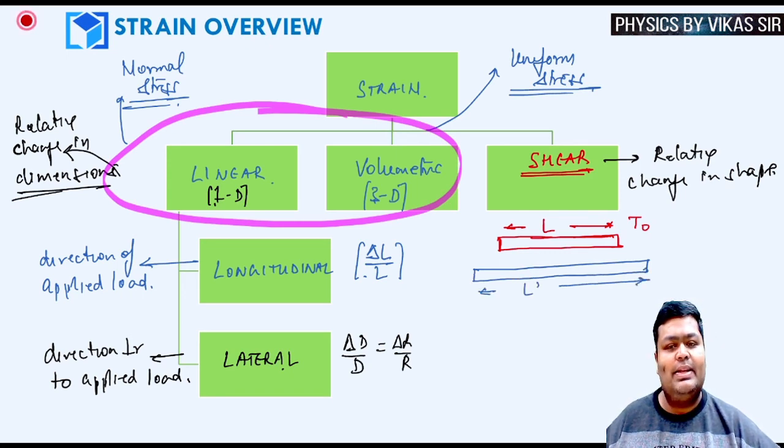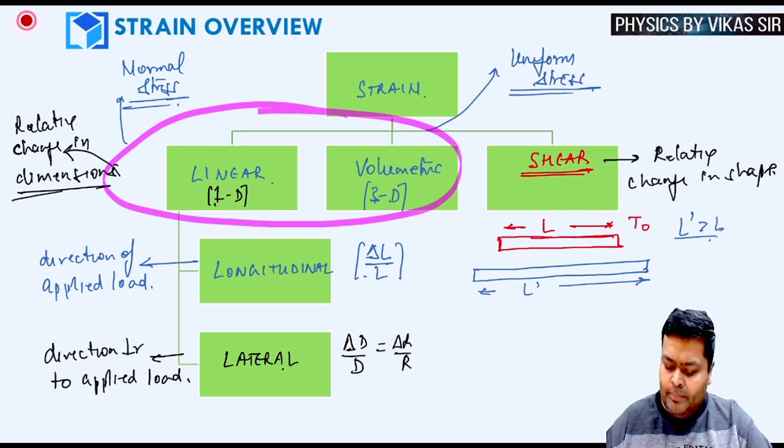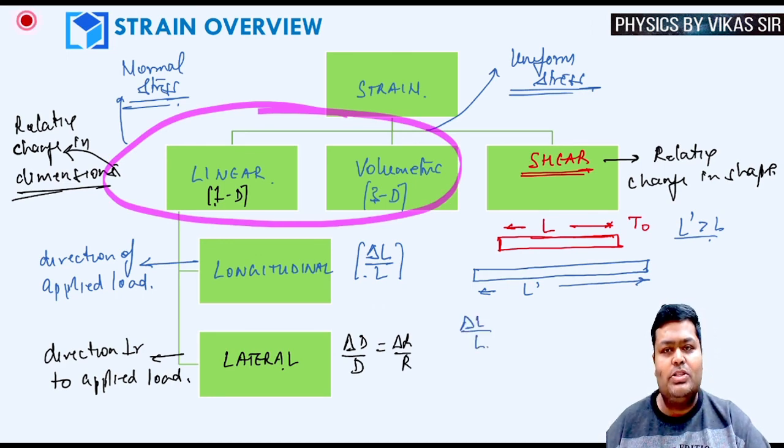And you can physically see that L prime is more than L, and you can actually see that there has been some extension. But could you please answer what is the amount of the strain in this? So an obvious answer can come out to be, sir, that's delta L upon L. That's the difference in the length upon the original length.